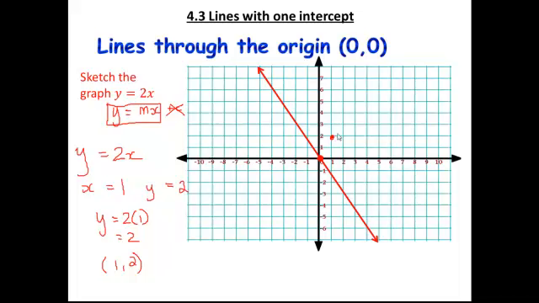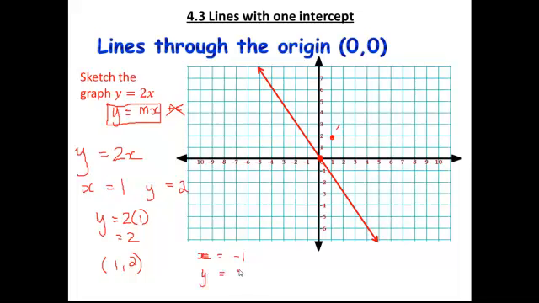There we go. Now you can do a third point if you want, just to be sure. You can already see that you could draw a straight line through those 2 points, but it is a good idea to do a third point just to be certain. So let's say, you can pick anything for x, let's do x is equal to -1 this time.